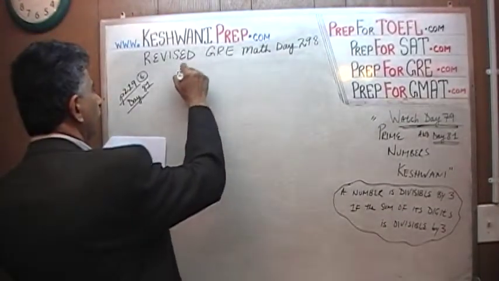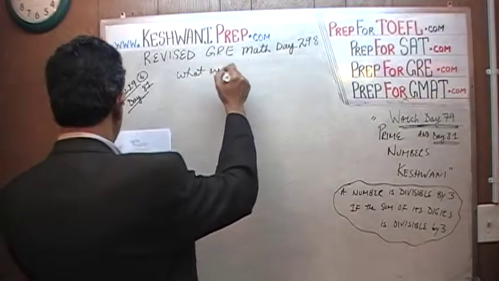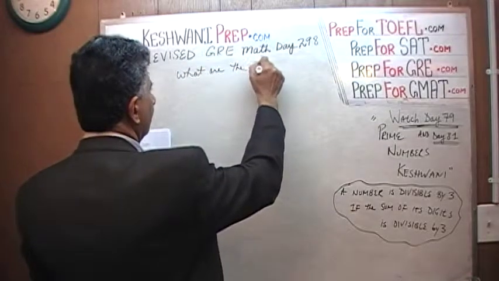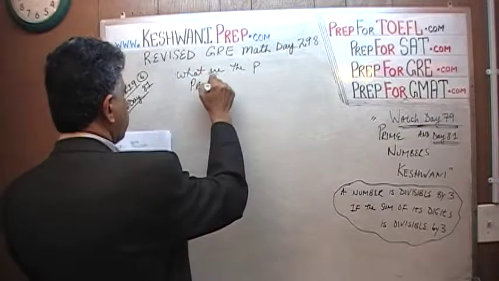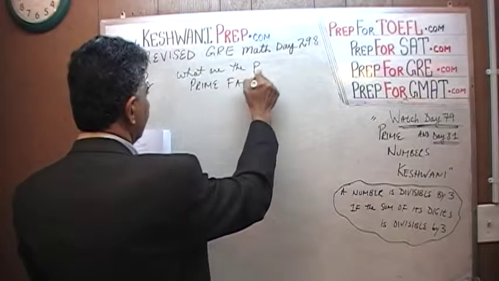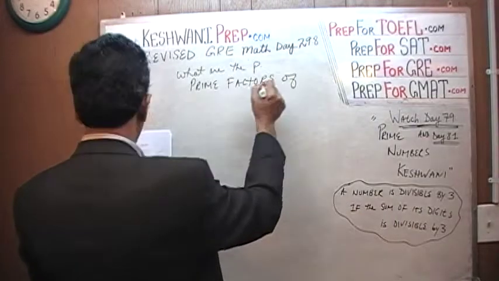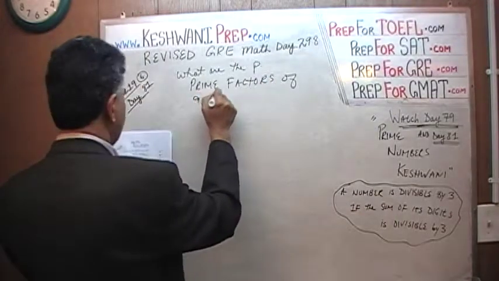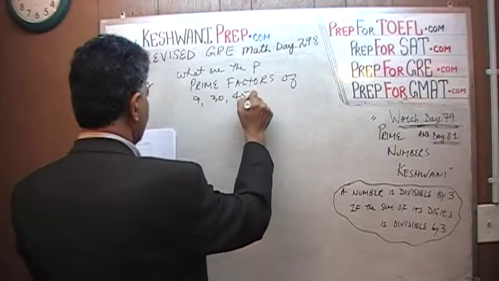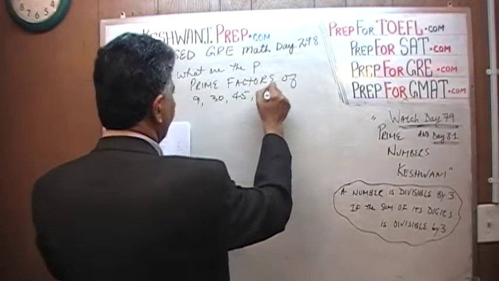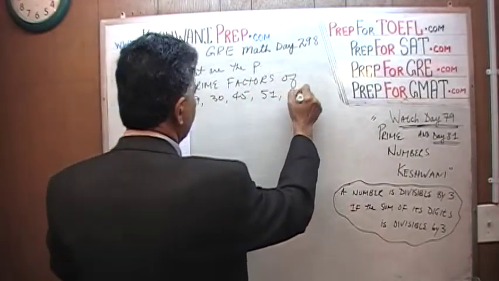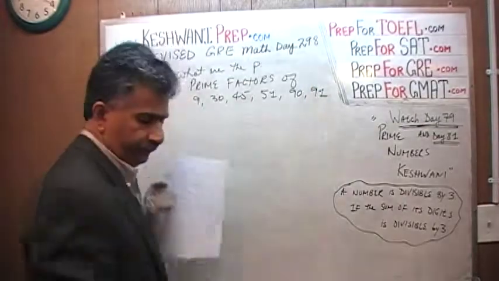The new question is, what are the prime factors of 9, 30, 45, 51, 90 and 91.